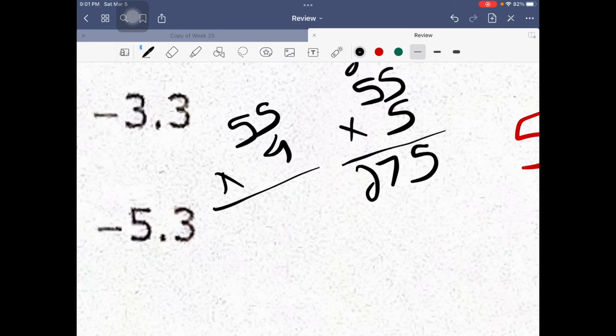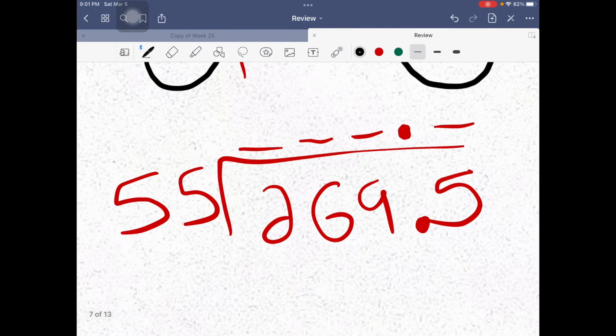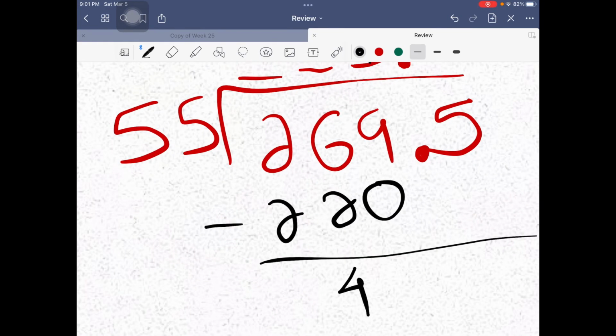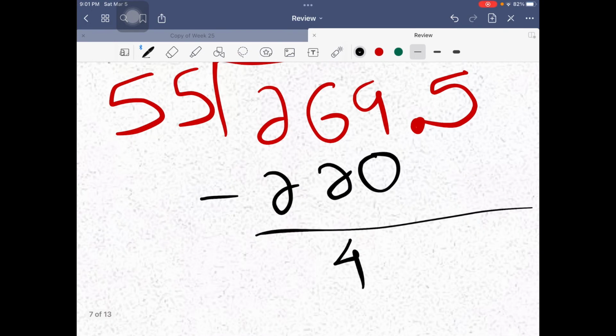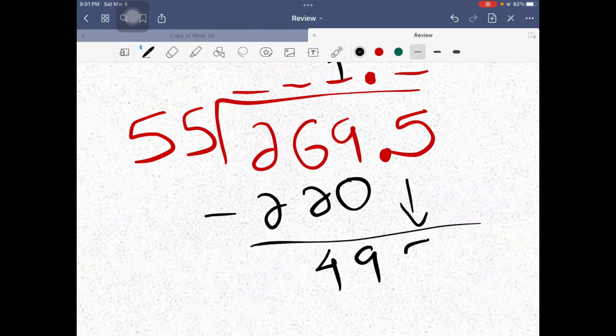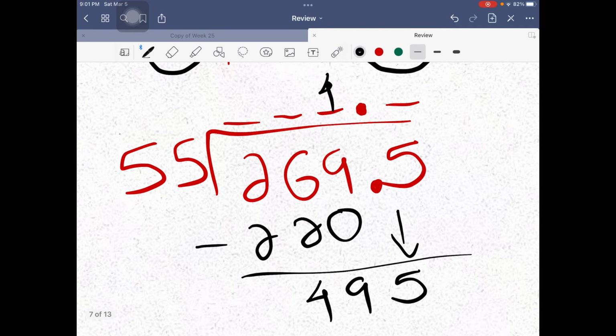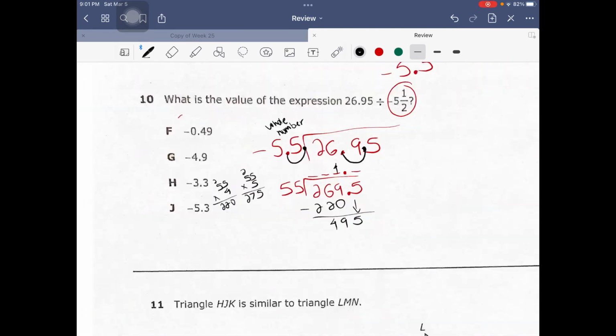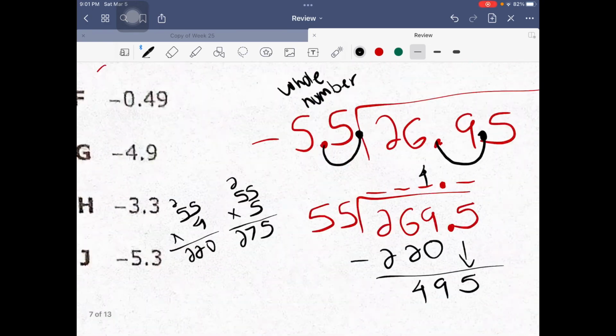What's 5 times 4? 20. 5 times 4 again, plus 2, 220. So it's going to be 220. 6 minus 2, 4. 9 minus 0, 9. And then you bring down the 5. How many times can 55 go into 495? And it's going to be exact, don't worry.